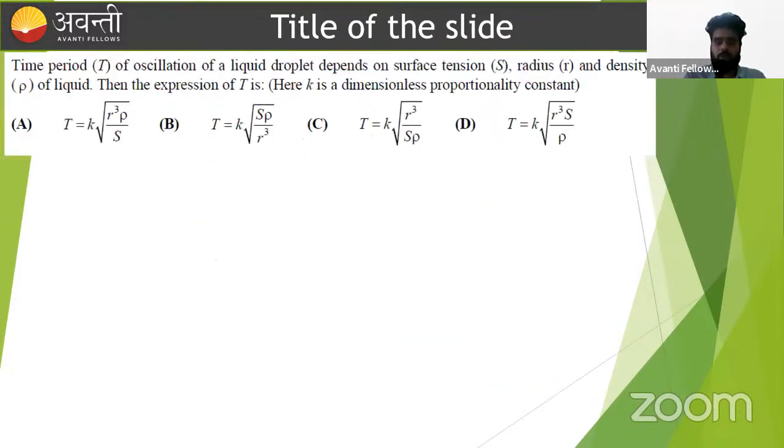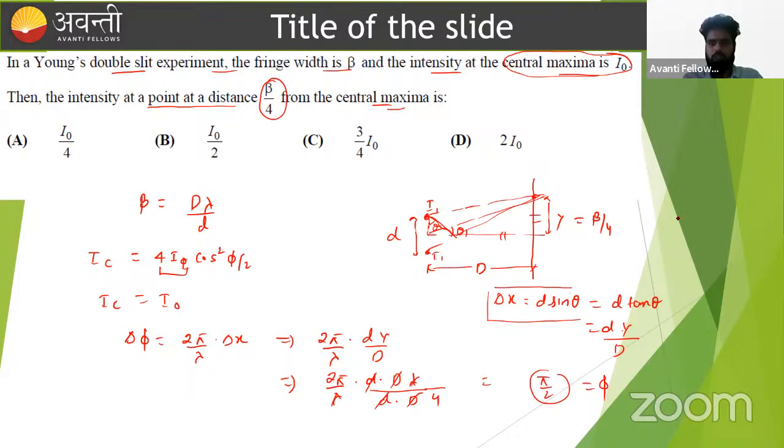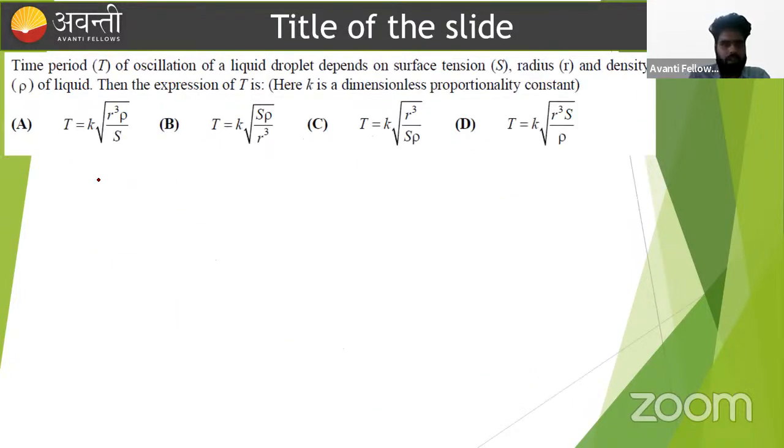Okay, let's use the formula, beta. What is the formula that we can use here? See in this slide, we know our formula: I at a general point equals I maximum, which means I at center, times cos square phi by 2. Okay, what is the I maximum?